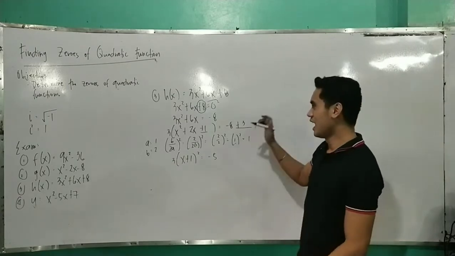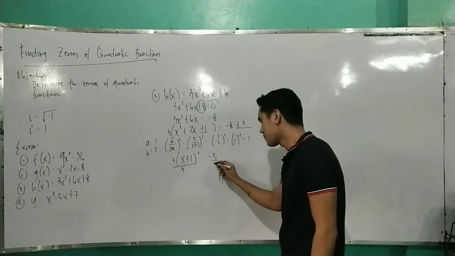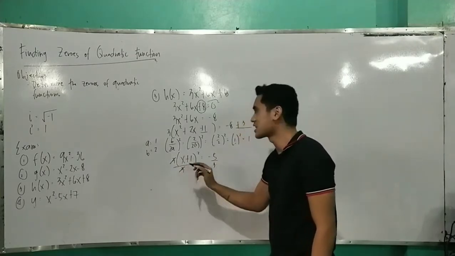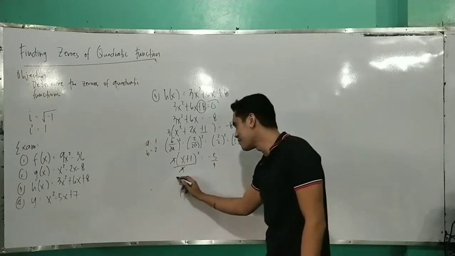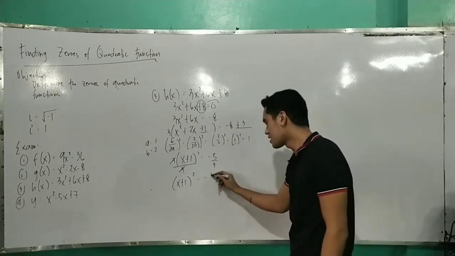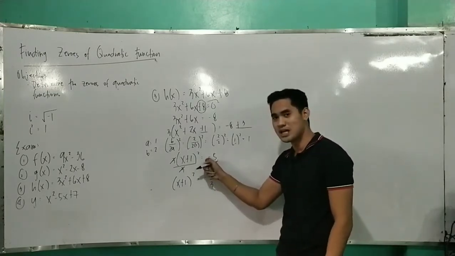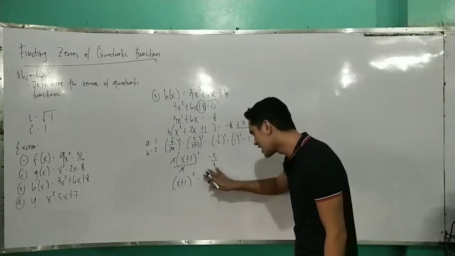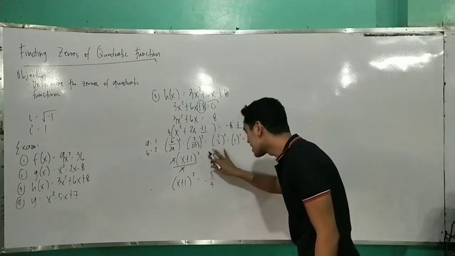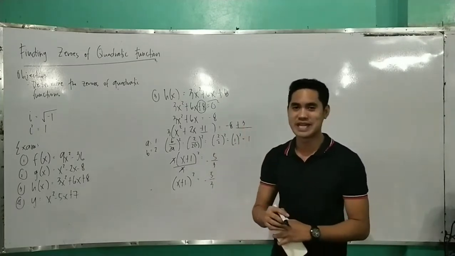Kaya ang gagawin natin dito, divide both sides by 3, para matanggal ito. Matitira x plus 1 squared is equal to negative 5 over 3. Tandaan na meron kayong negative dito, at yung negative na yan, kailangan lagi nasa gitna, between siya ng numerator and denominator.